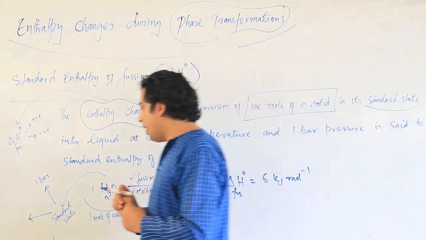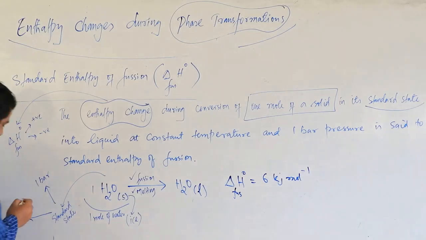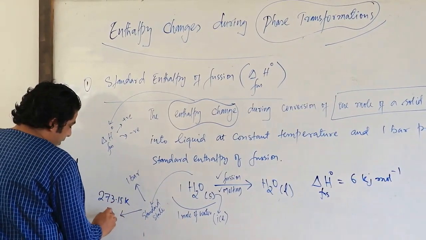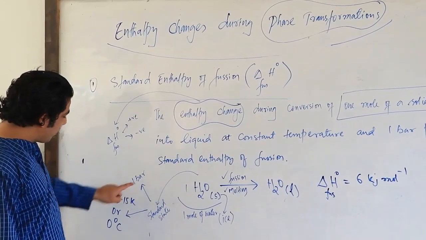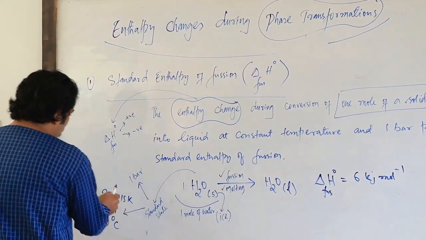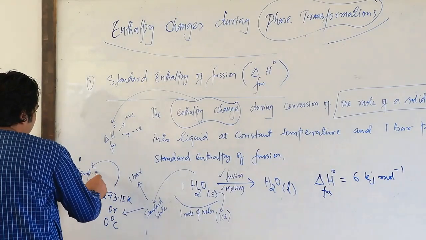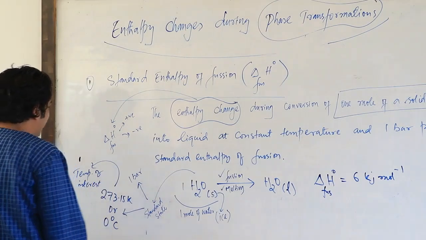So now, my dear friends, here I will take the temperature as 273.15 Kelvin, which is equal to 0 degrees Celsius. So at 1 bar pressure and 0 degrees Celsius, which is also the temperature of interest, this process will take place.